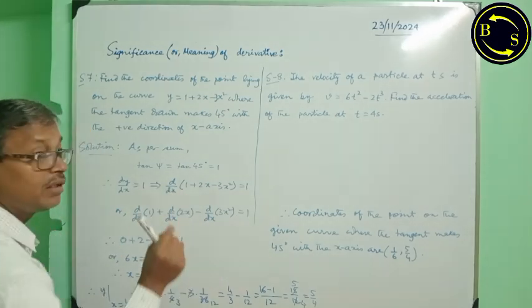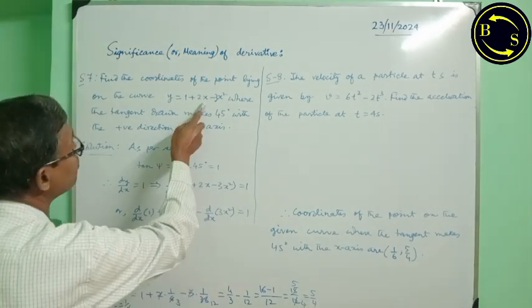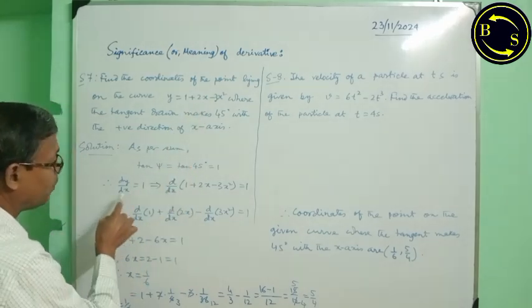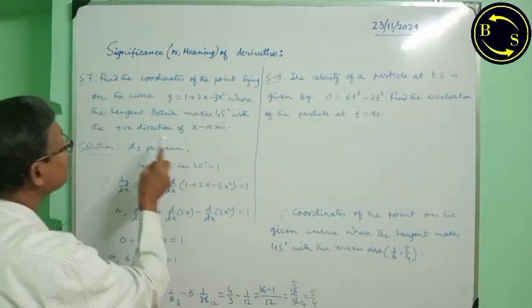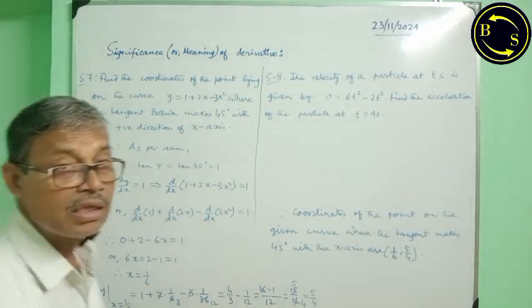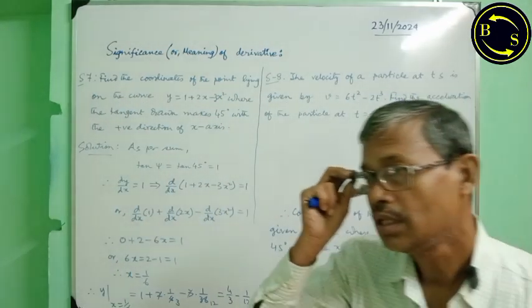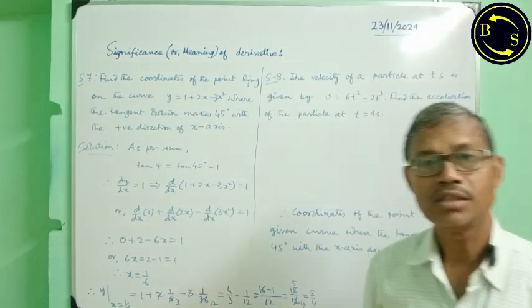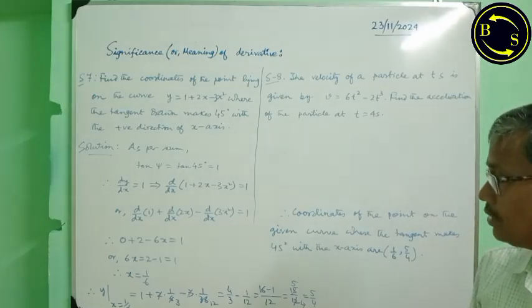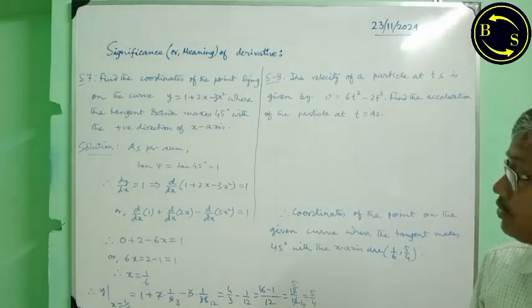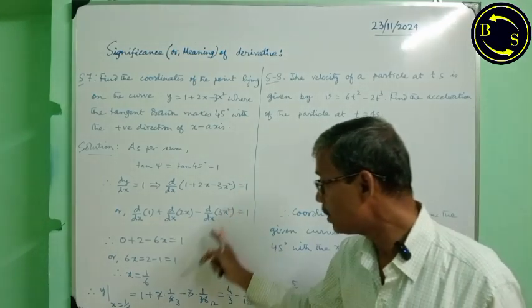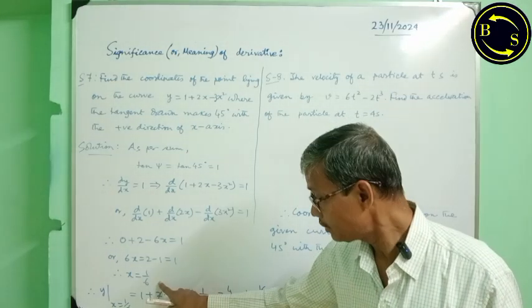I repeat, given curve is this one, we have found dy dx. Since the tangent makes angle 45 degree with the x-axis, that means tan psi is equal to tan 45 degree, is equal to 1. That means dy dx equal to 1. I have used that and got the value of x.